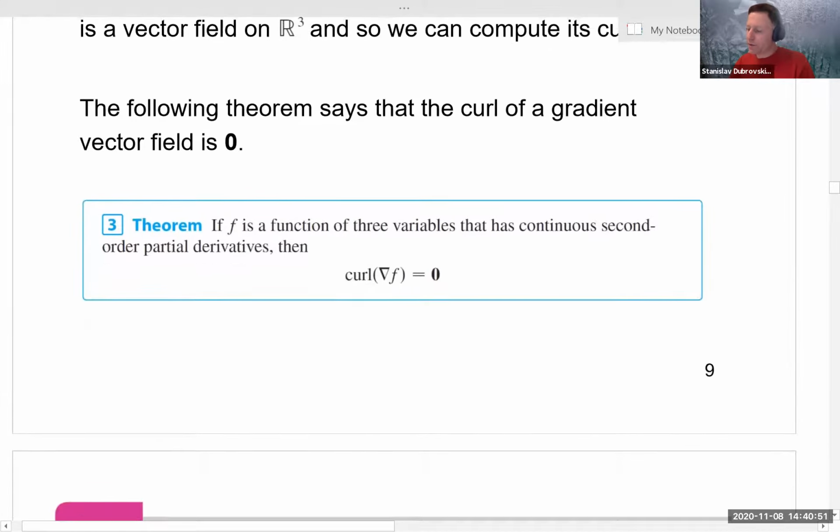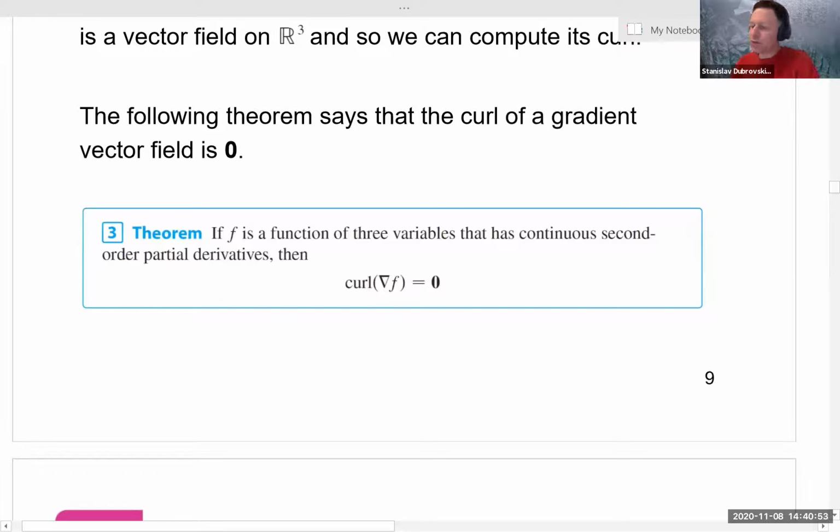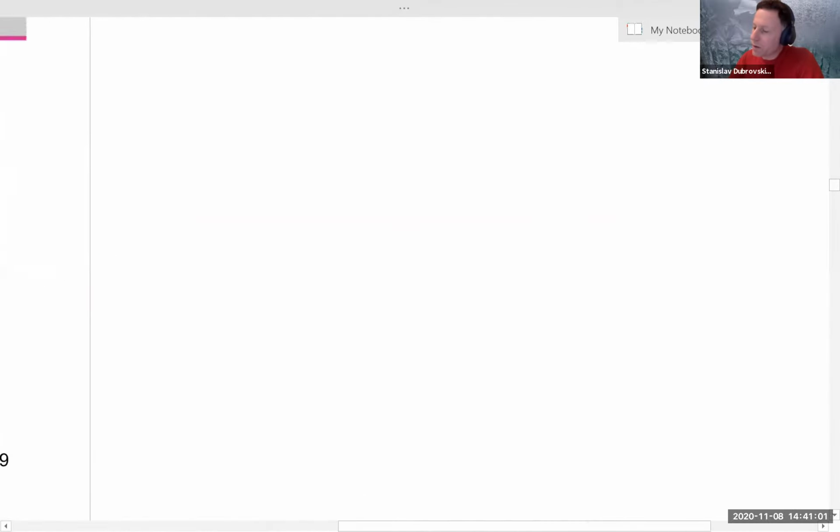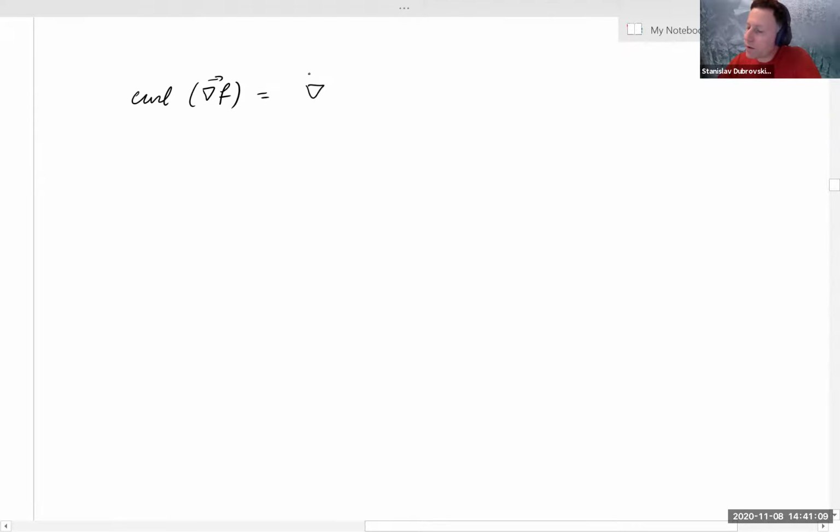Why is that? Try to put the video on pause and prove it. But after you come back, you will see that, so curl of gradient f, why should it be 0? Let's see. We'll have to take the vector product with the gradient.